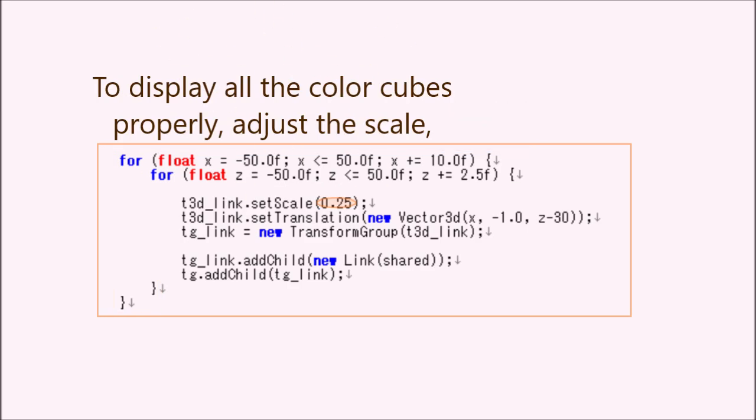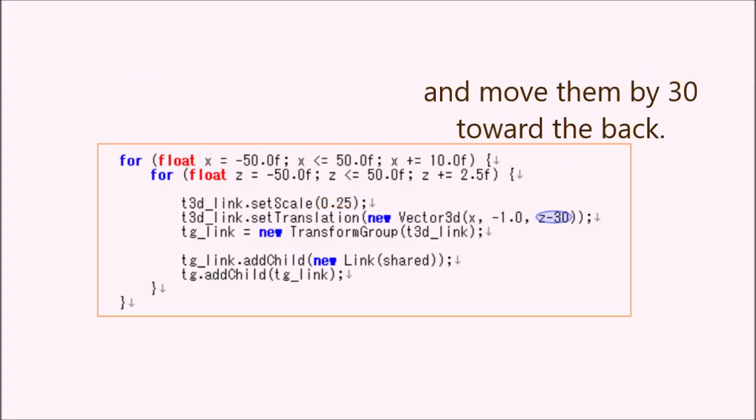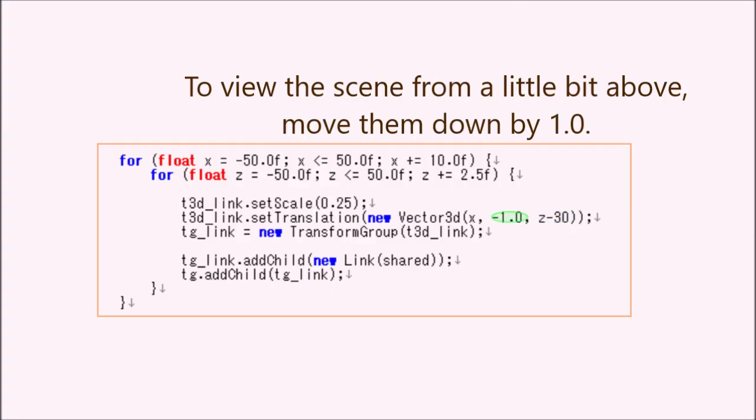To display all the color cubes properly, adjust the scale and move them by 30 toward the back. To view the scene from a little bit above, move them down by 1.0.